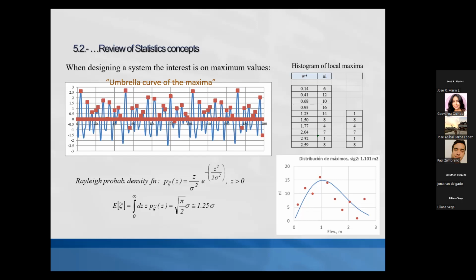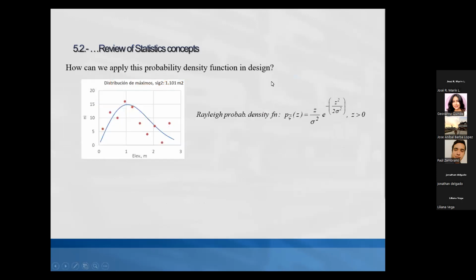Now, let's talk about how we can use this concept for design. Let's suppose that we have this sigma square.